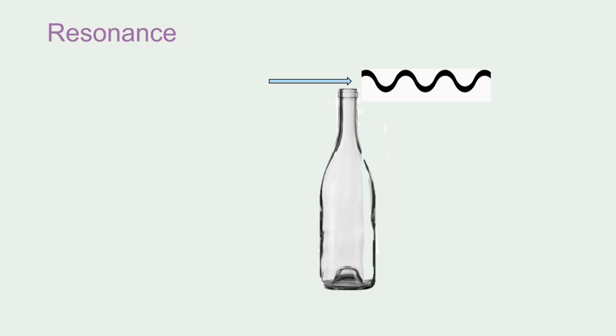But, and this is the main thing, the air inside the bottle will only vibrate in sympathy with some of the vibrations, particular frequencies of vibrations of the air that's being juggled about at the front. So what that will do is create an amplification, as it were, of some of those frequencies being produced by you blowing across the top of the bottle. And that's the note that you will hear, because there's a greater body of air all vibrating at those particular frequencies.